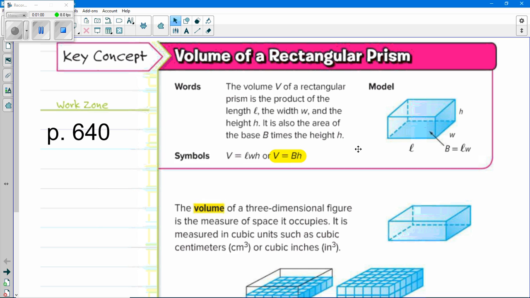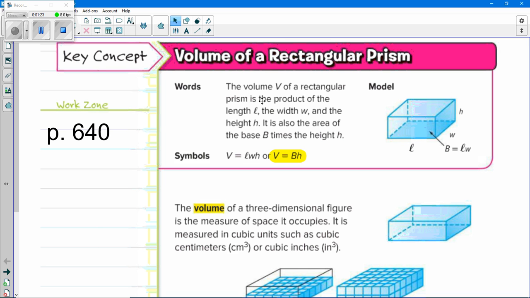If you remember, when we were doing surface area, we said there's three sets of rectangles that make up a prism. And we also taught you that all prisms, the name of the shape that gives it its name, that shape is the base. Well, capital B down here does not stand for base. All right, read the definition.